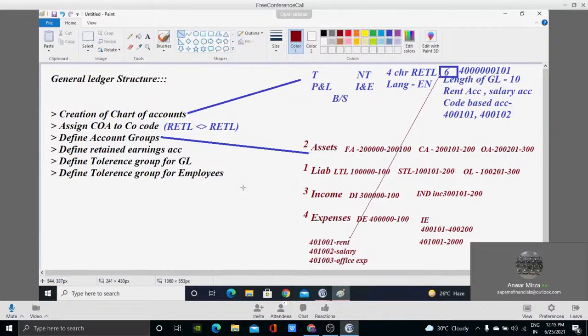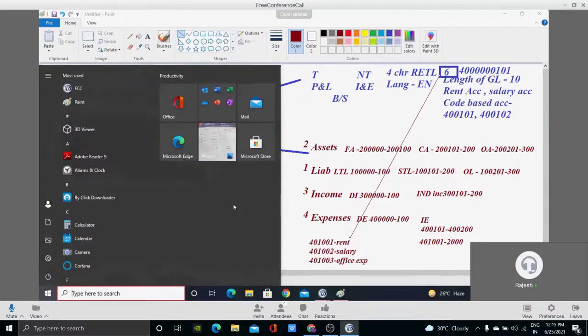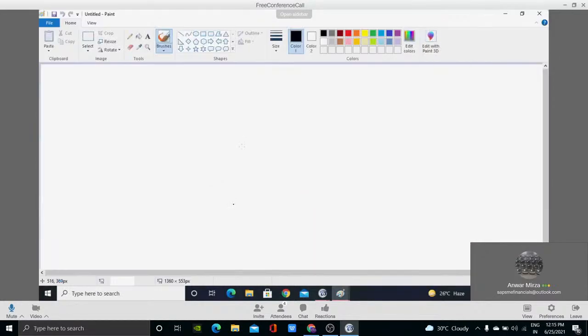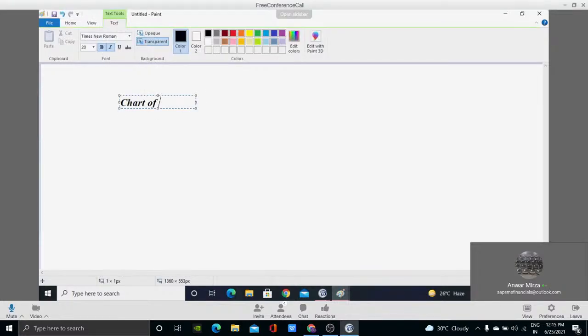Now let me give you a hierarchy, how it is linked. Let me have another page. Now how is this hierarchy connected? First is your chart of accounts. Under chart of accounts, you have to create account groups.